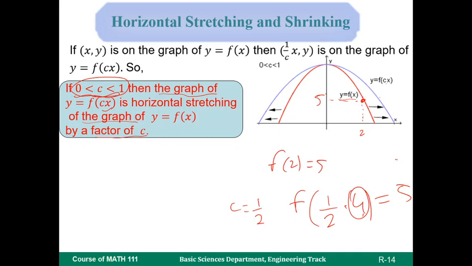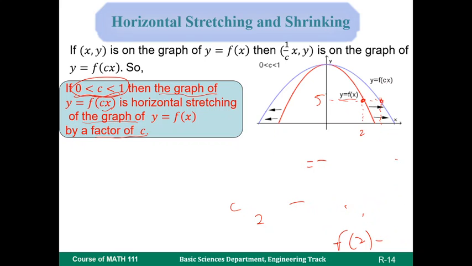Because f of 2 is 5. So here you got 2, but in the new function, what will give you the new 5? It will be 4. You see? Now, it means this.